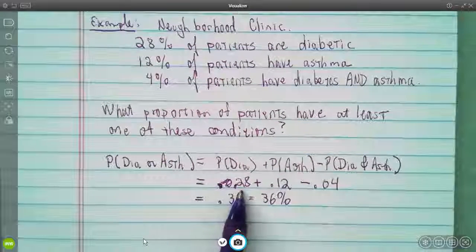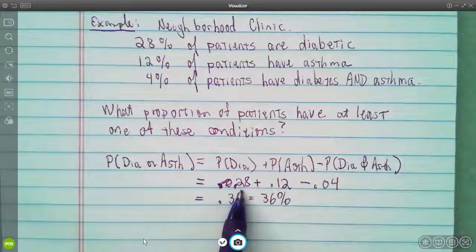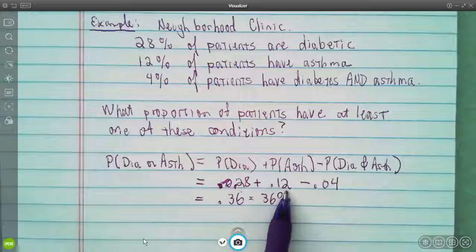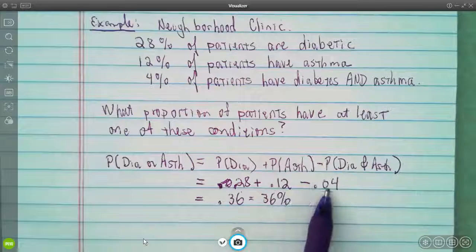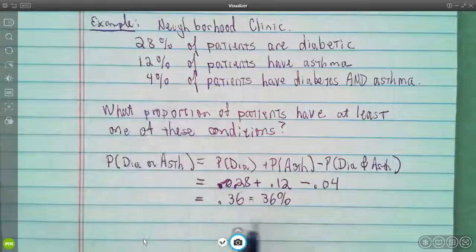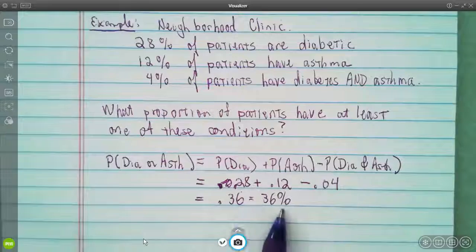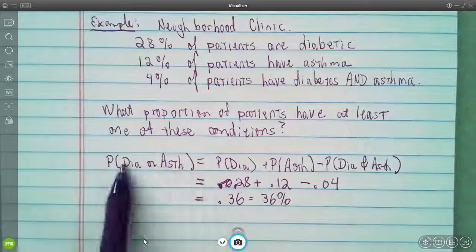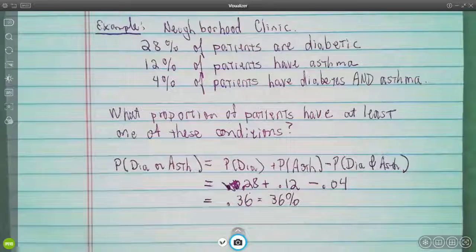Probability of diabetes is 0.28 or 28%. Probability of asthma is 0.12. Subtract off the probability that these two conditions occur together, which is 4%. Add these up, and we come up with 0.36 or 36% of patients have one of these two conditions.